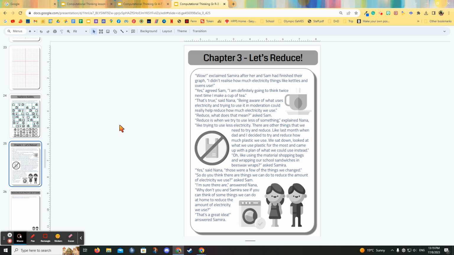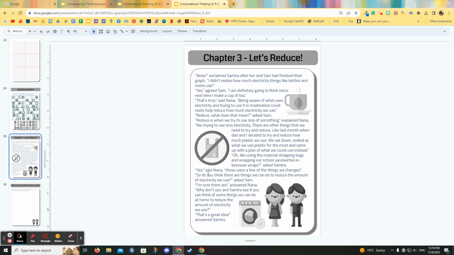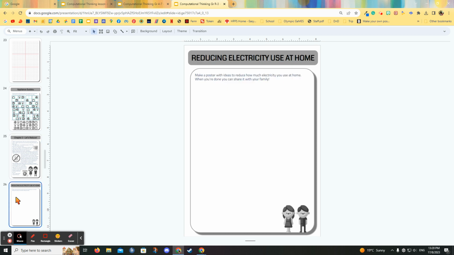Then it continues, talking about how much electricity we use and how we can reduce it. The learners have to think about how they can reduce electricity, for example, turning off lights when you don't need them, or putting the geyser on a timer.